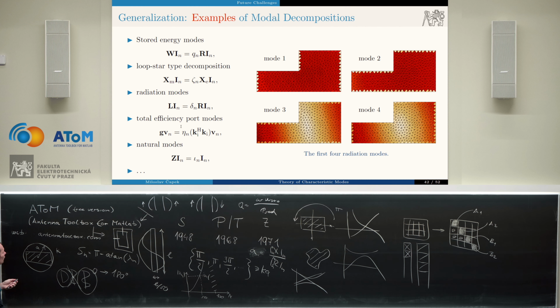And still, you can decompose them into modes and use these modes, for example, for some optimization problems. We have natural modes, and we have a lot of other modes. So maybe it's time to not consider only characteristic modes, but also start to look at different modal decompositions as well, because these may be extremely useful many times, and it is good to know about them.